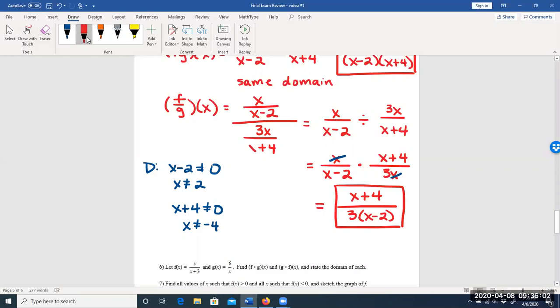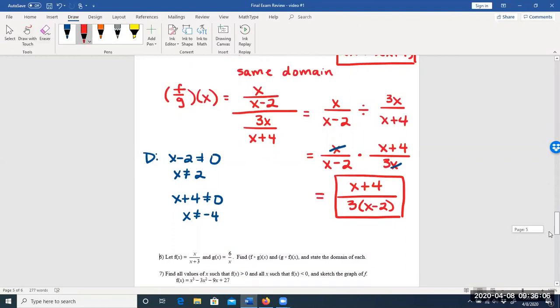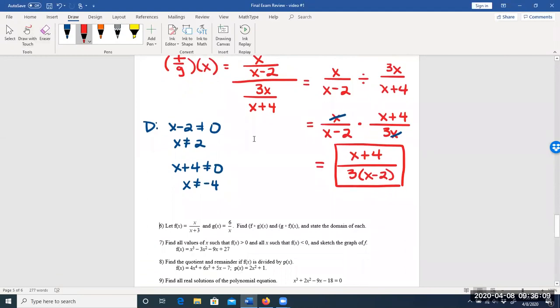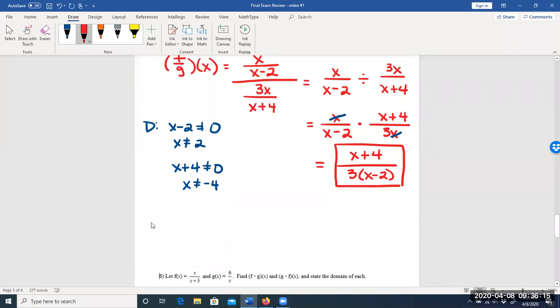But there's also a third number that we want to remove from the set of all real numbers when we're stating the domain. And to find that third number, we set the entire function g of x not equal to 0.